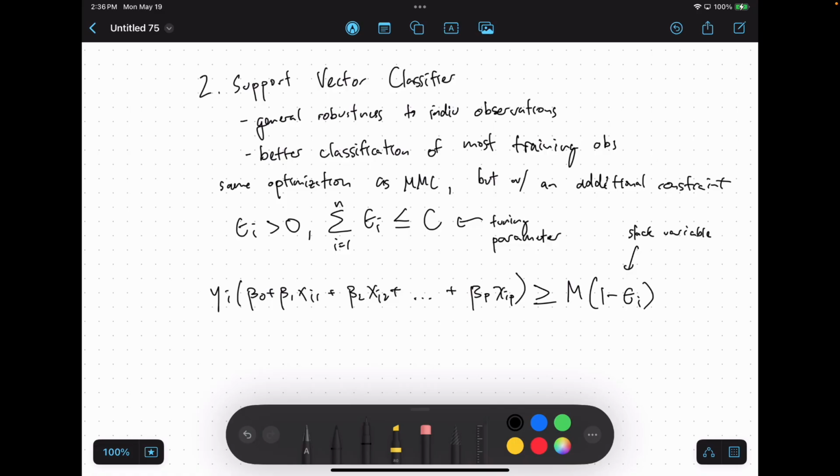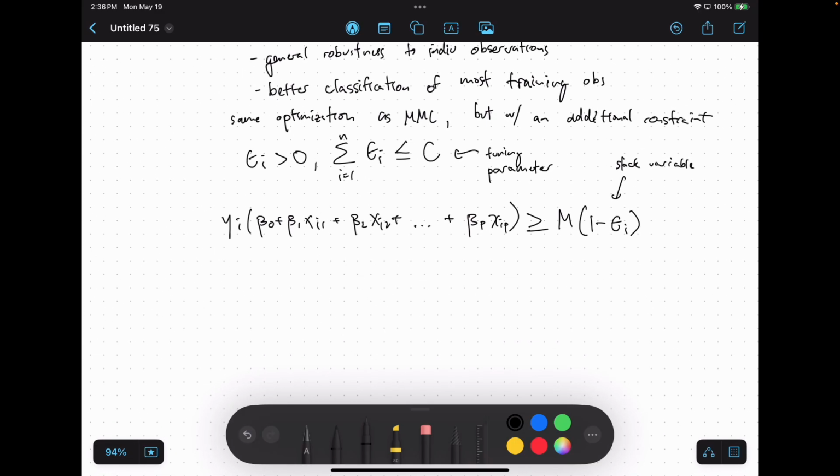Okay, so what's going on here? We have a few things. One parameter, epsilon i, tells us how many points can violate the margin, right?